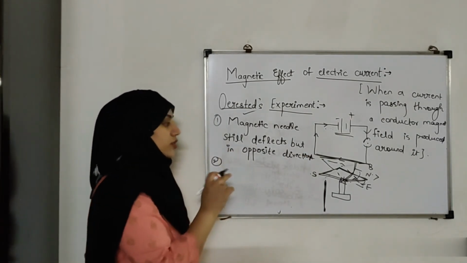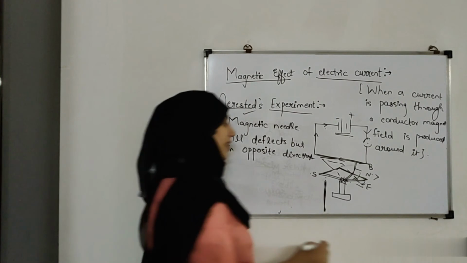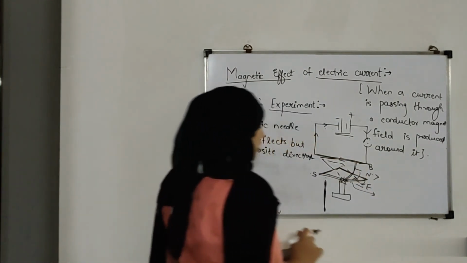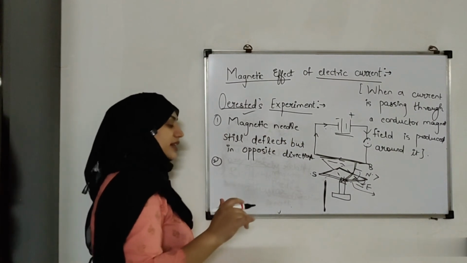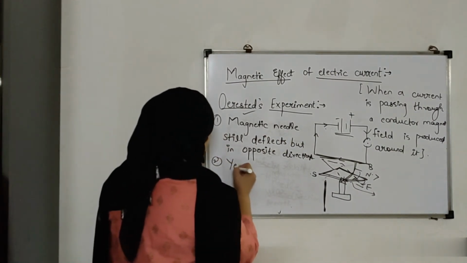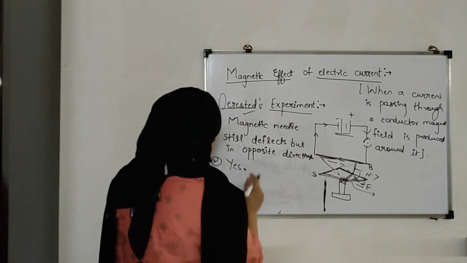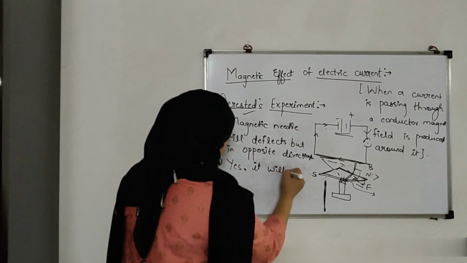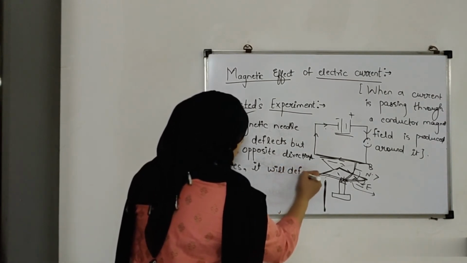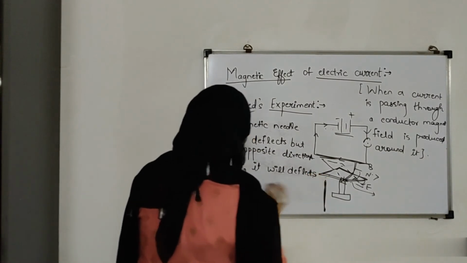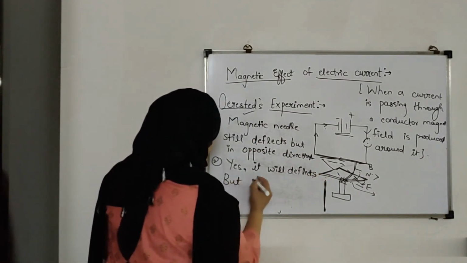It is still going to deflect. Now what if I take this magnetic needle away from this conducting wire? Would the magnetic needle still deflect? Yes, it would still deflect, but the deflections would be less.